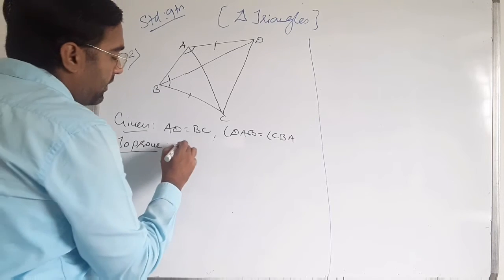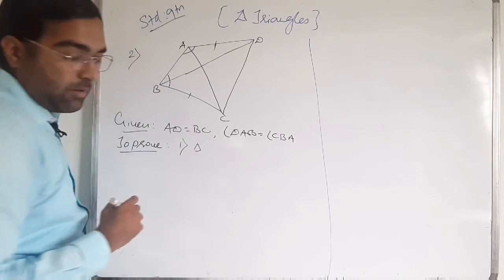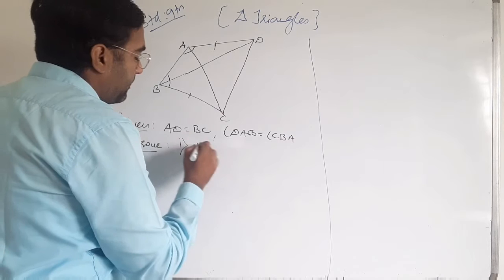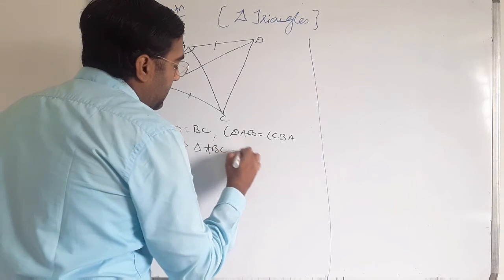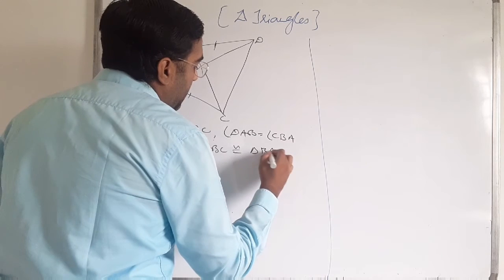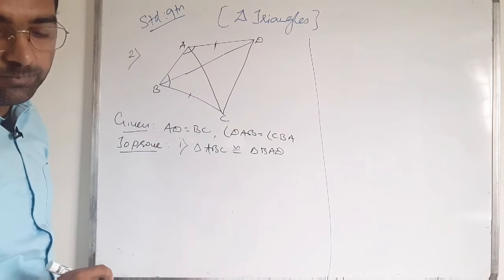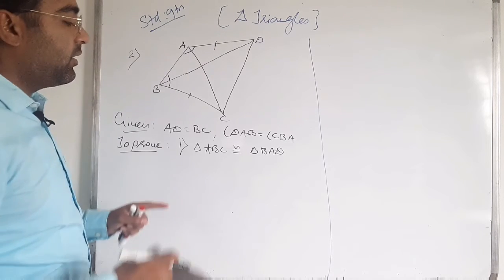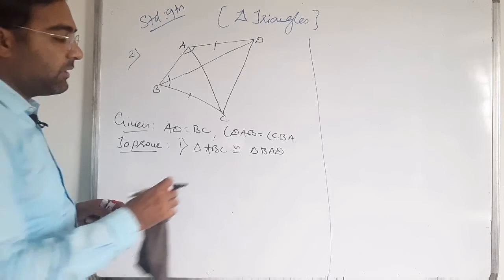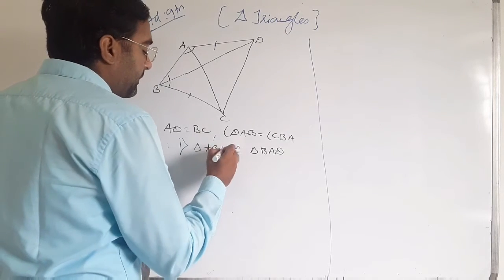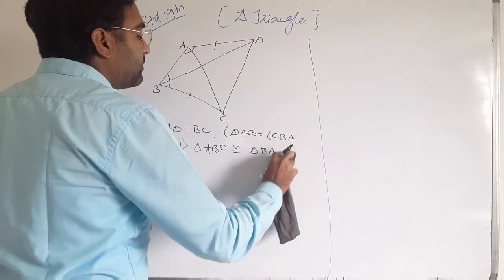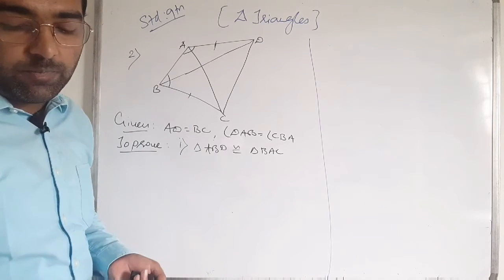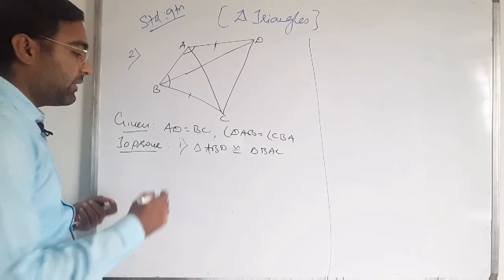First, prove triangle ABD is congruent to triangle BAC. Second, BD is equal to AC.